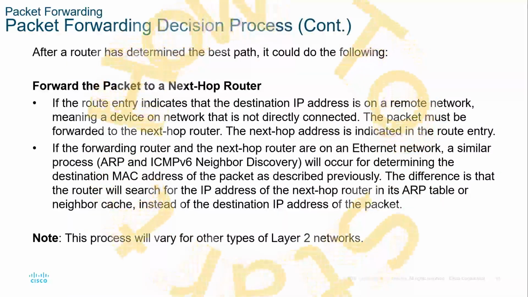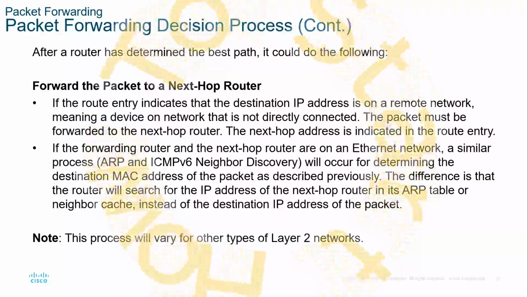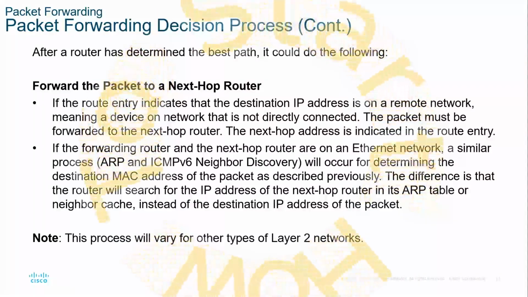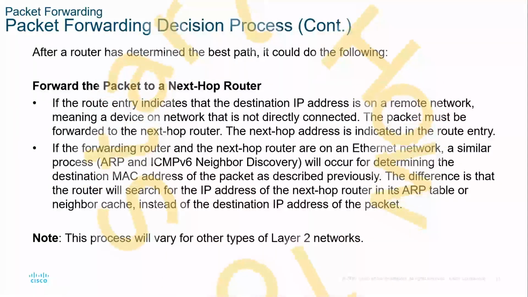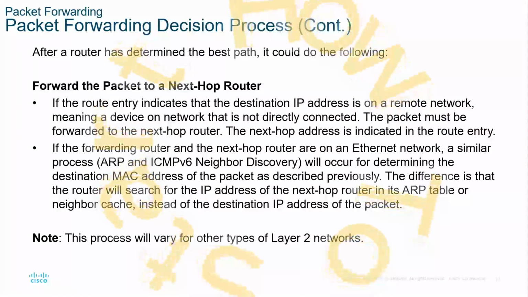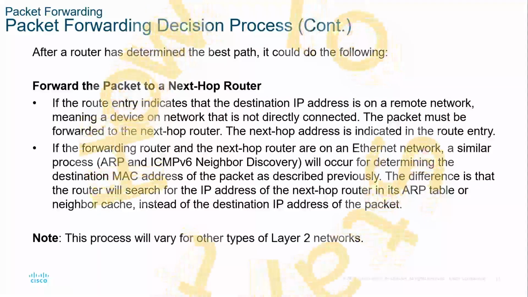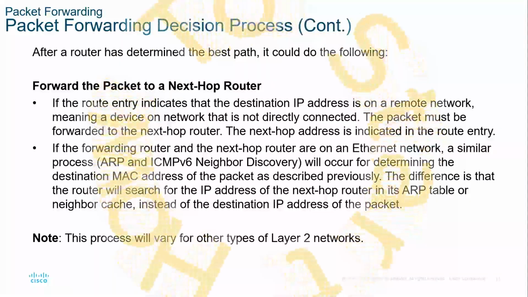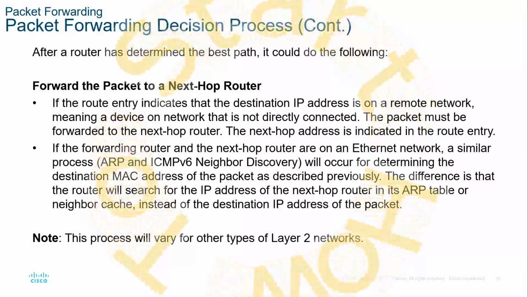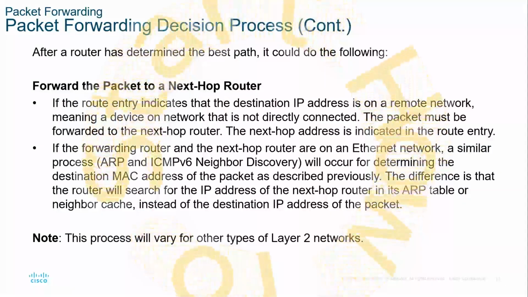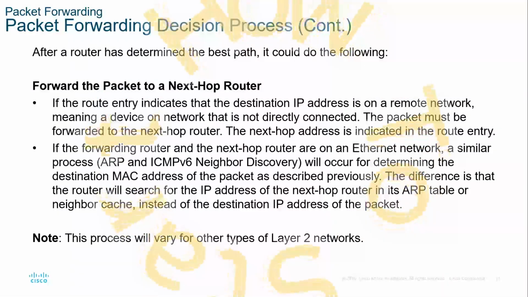It will then typically find a MAC address, maybe using ARP, maybe using ICMPv6 neighbor discovery for IPv6, and then it will use that information to figure out what the MAC address is for the next hop, and then it will send to that next hop. The difference is that the router will search for the IP address of the next hop router in the ARP table or its neighbor cache instead of the destination IP address of the packet.